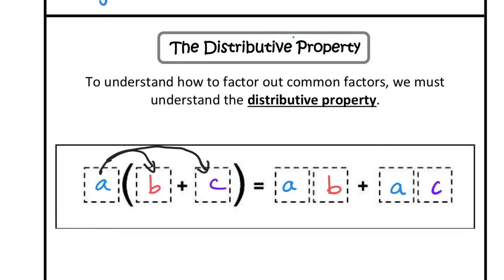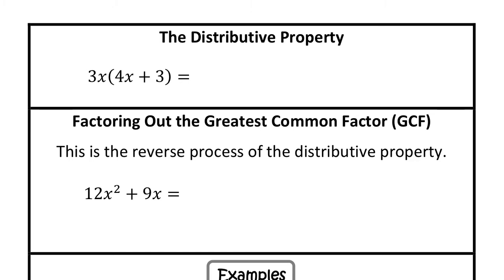Okay. The next thing we're going to look at is the distributive property with actual values and numbers. What we want to do is make sure that the term in front of the parentheses is being multiplied with each term inside the parentheses. So we're going to multiply 3x times 4x.